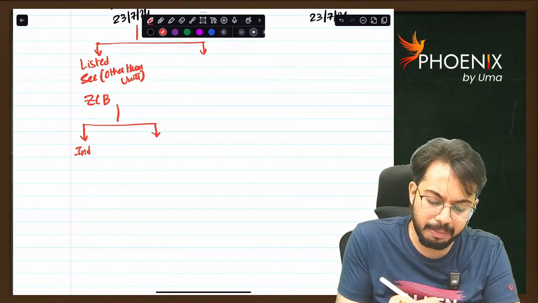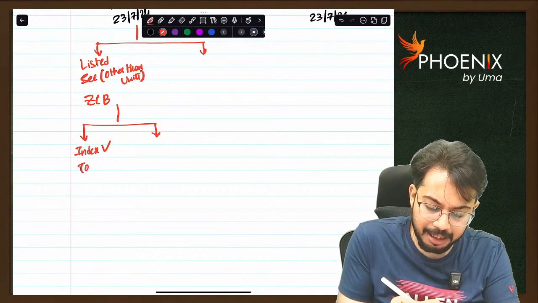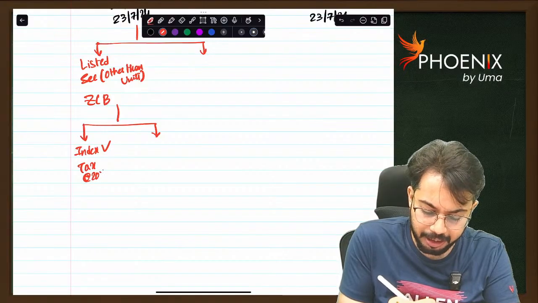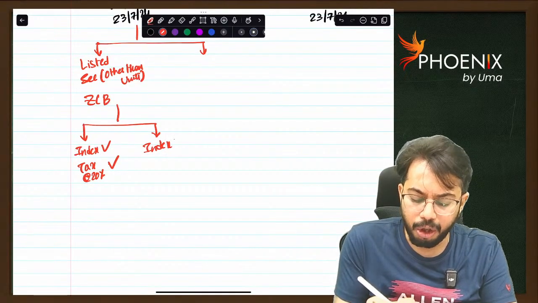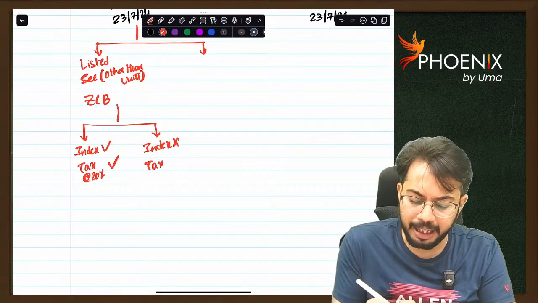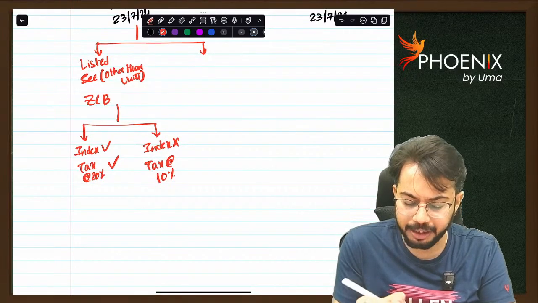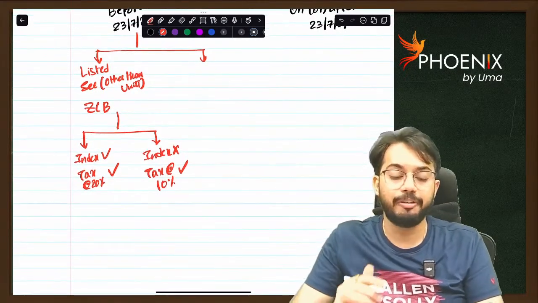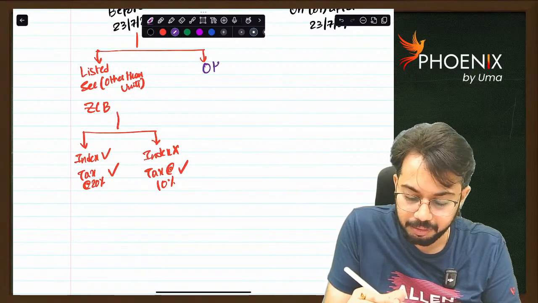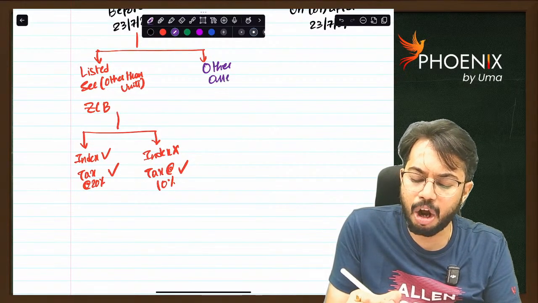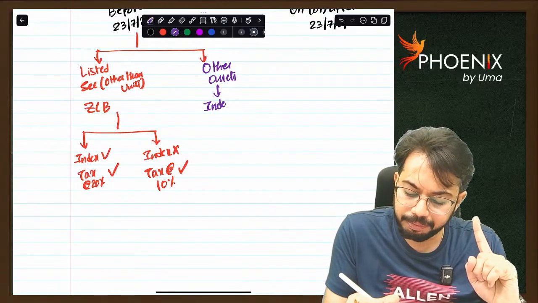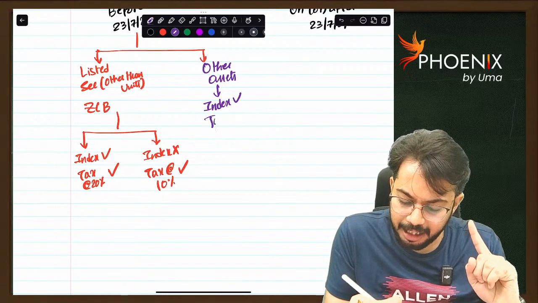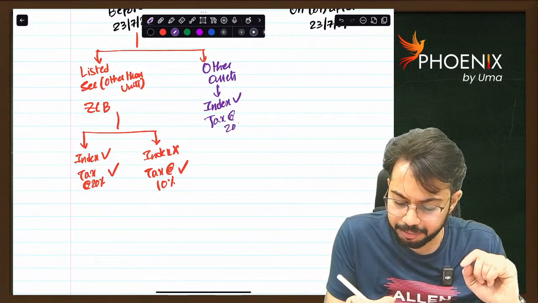Option 1: claim indexation benefit and pay tax at the rate of 20%. Option 2: don't claim indexation benefit and pay tax at the rate of 10%. For other assets, two options are not available, only one option: claim indexation benefit and pay tax at the rate of 20%.